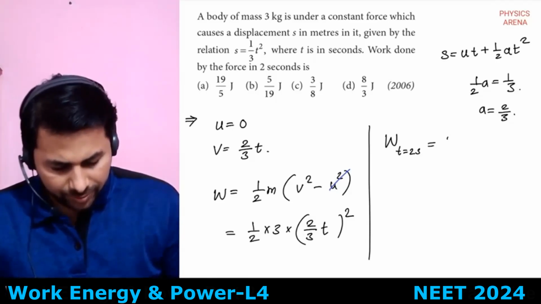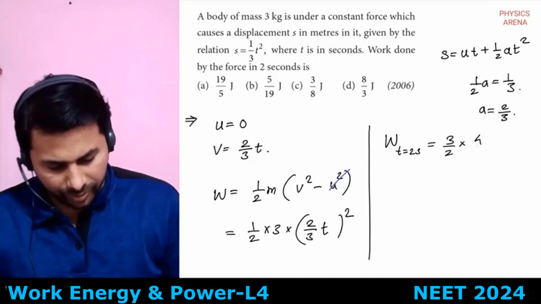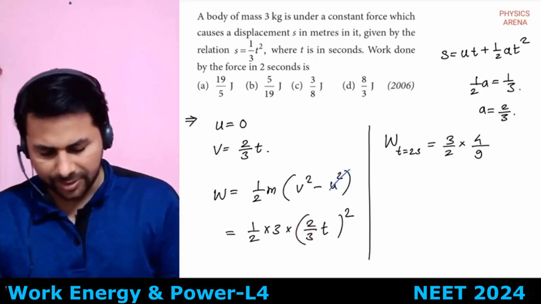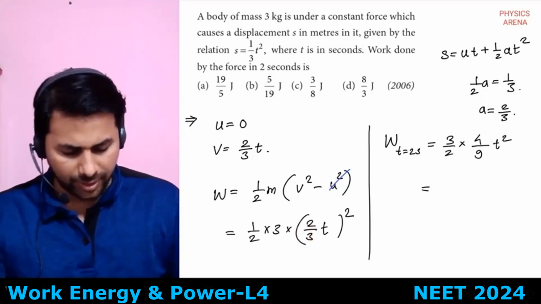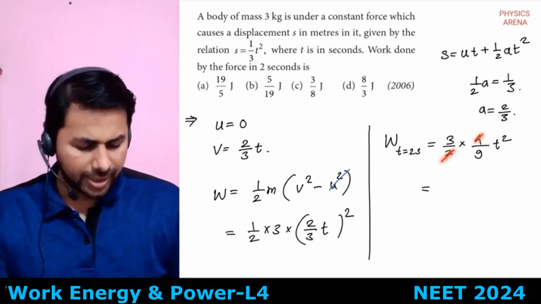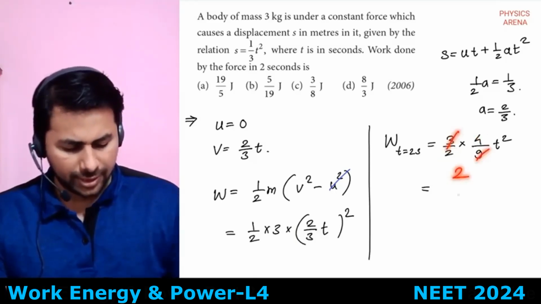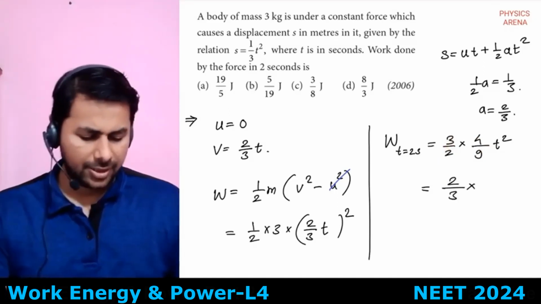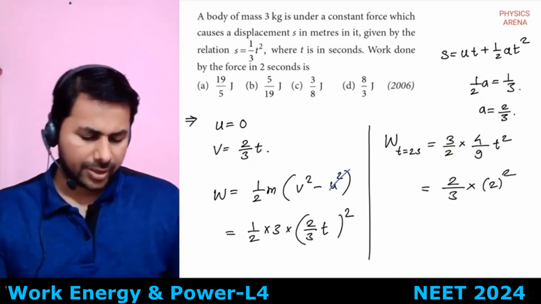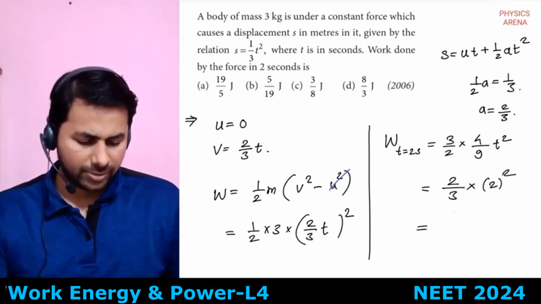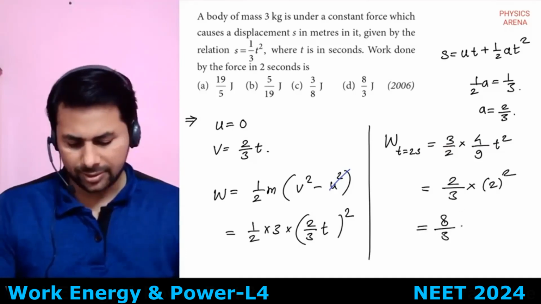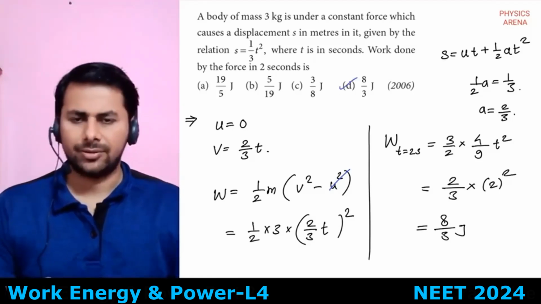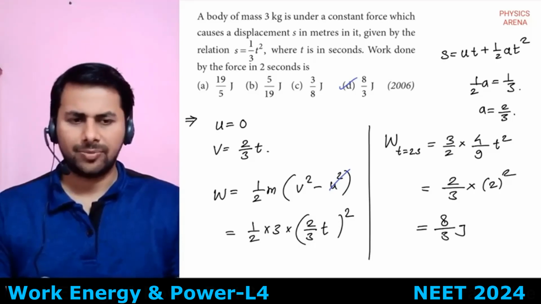We'll have 3 by 2 multiplied by 4 by 9 multiplied by t². So 4 by 2 is 2, and we'll have 3 in the denominator. 2 by 3 multiplied by t², which is 2 squared, 4. So 4 times 2 is 8, 8 by 3. This is the answer, option D. This is simple, right?